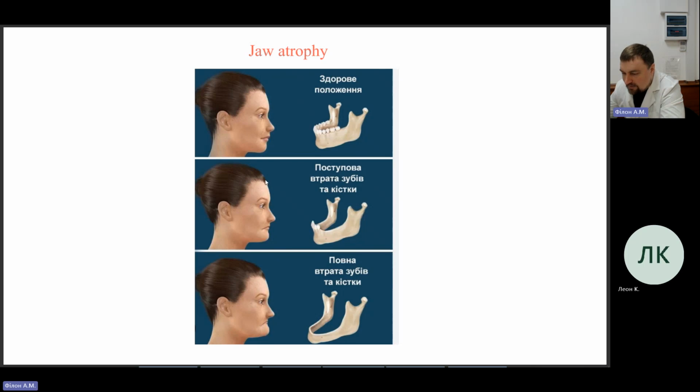The first part here, the second one between her eyes and her upper lip, and the third one, the mandible. This third one became smaller because she already lost half of her teeth, and it makes the situation worse. The third, lower part of her face became less because of the loss of the teeth.